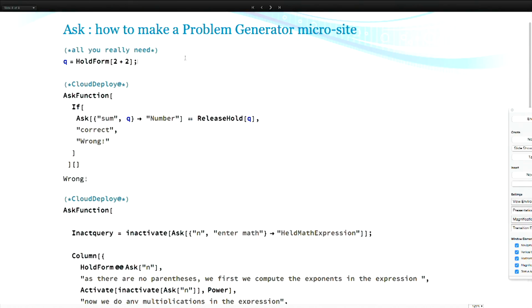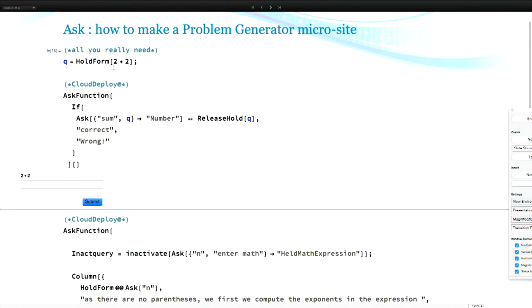So that's one of the uses we have for our step-by-step functions. To make a problem generator, a really basic one, all you need for your query is really your held expression, if it's just an arithmetic query. And then everything is done. The Ask function, I'm not going to talk all about it because I don't have enough time, but really everything is done in this one little line.